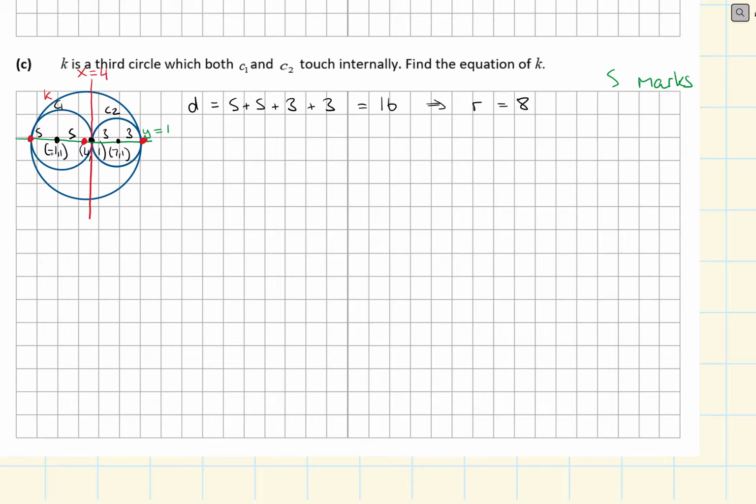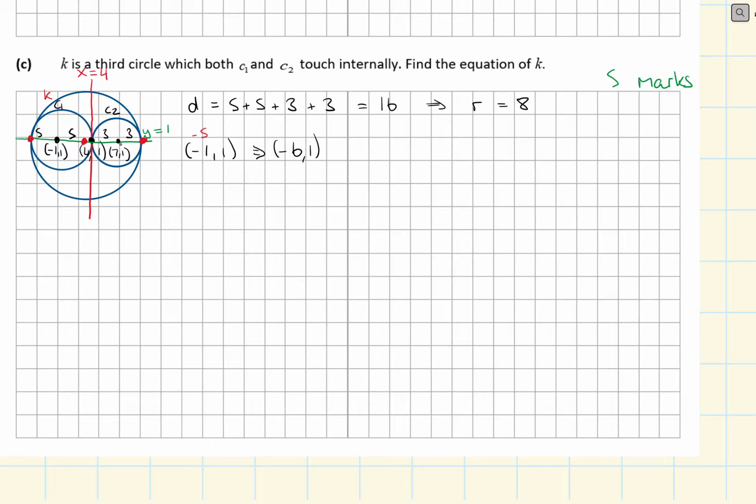So to find my endpoints, I look at (-1, 1), and then we're going to travel along using our radius. So if I have (-1, 1) and I subtract the 5 from it, I'll get (-6, 1).